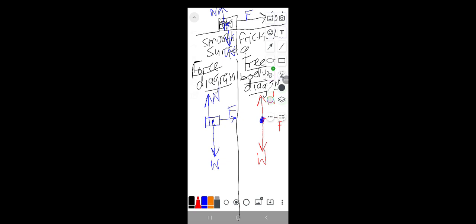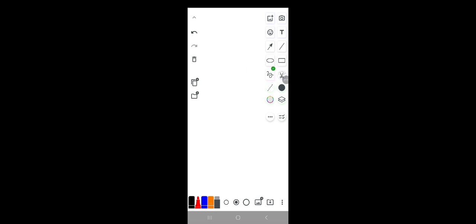I'm going to use the same diagram, but what is going to happen here? Let's say now here is a rough surface. You know what that means, guys? You'll be told in the exam if your surface is rough, or if it's smooth.